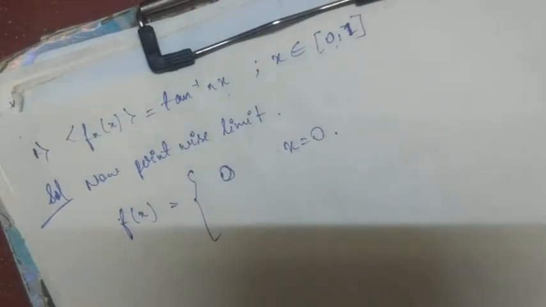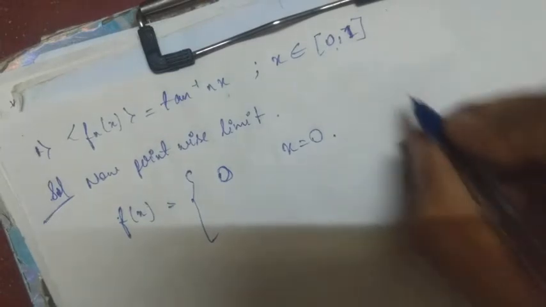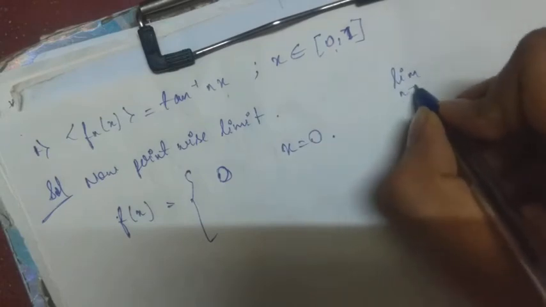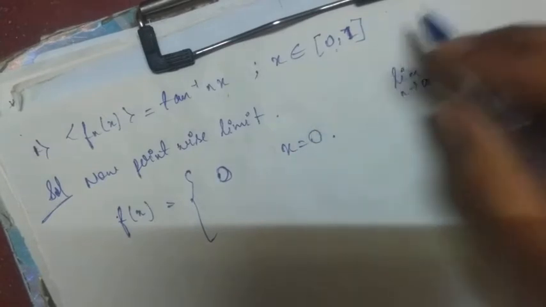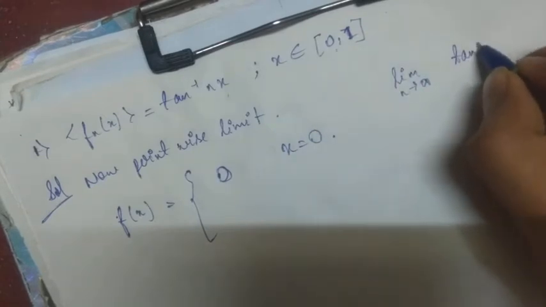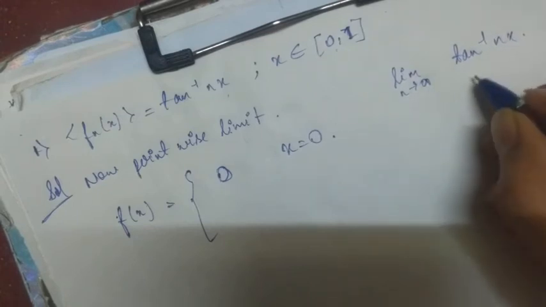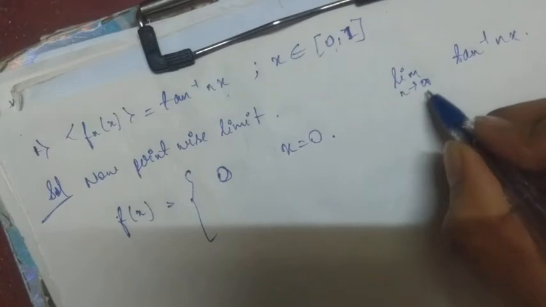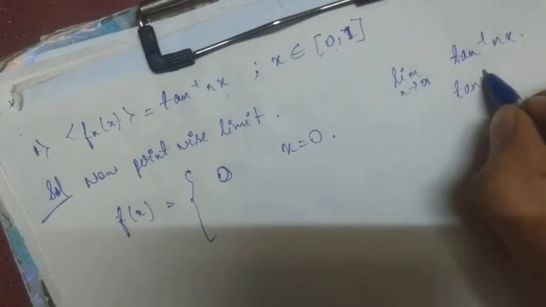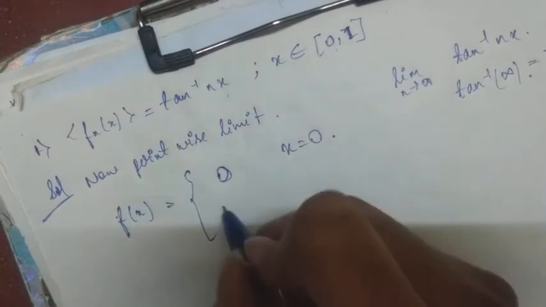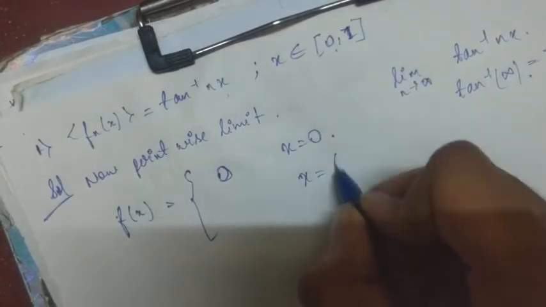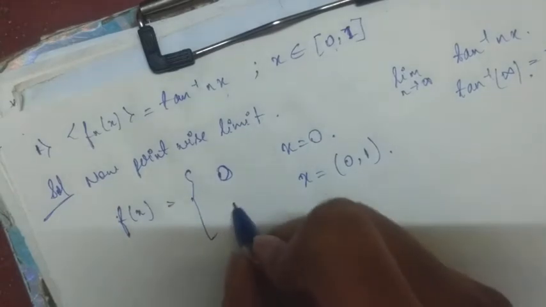Then on the closed interval from 0 to 1, the limit as n tends to infinity of tan inverse(nx) is tan inverse infinity, which is pi by 2. So for x in (0, 1], we get pi by 2.